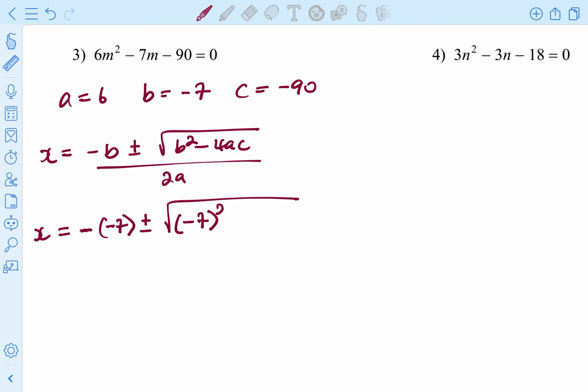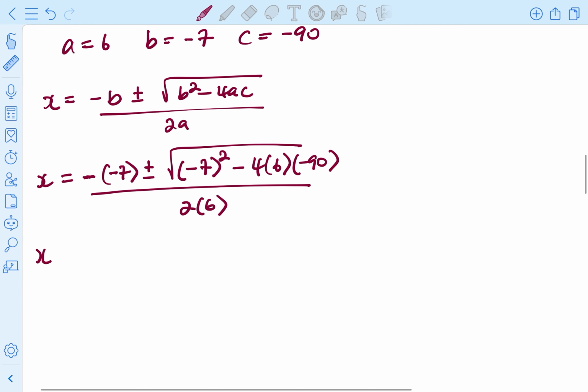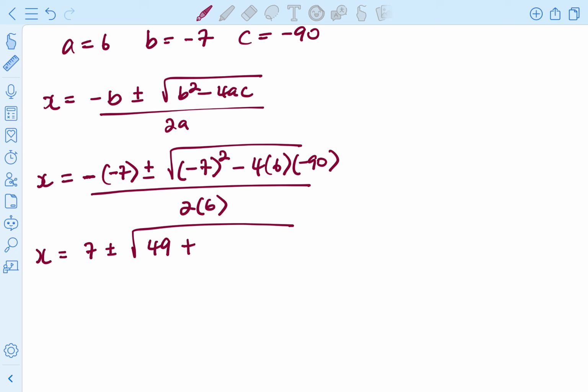b squared would be negative 7 squared, minus 4 times 6 times negative 90, all divided by 2 times 6. So the negative of negative 7 just becomes positive 7, plus or minus the square root of negative 7 squared, which is 49, positive 49. And then these two negatives become a positive.